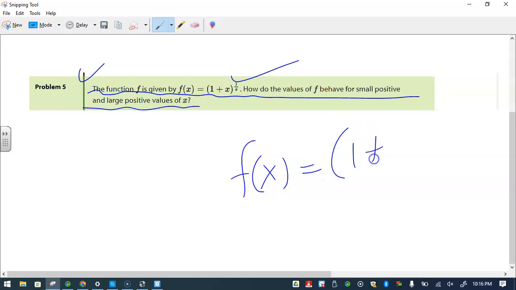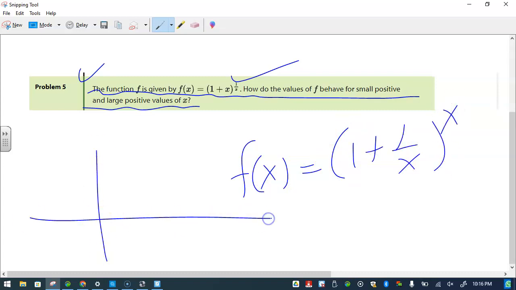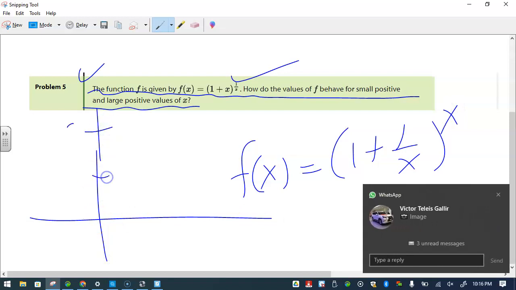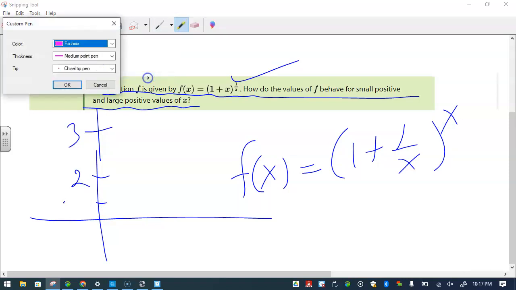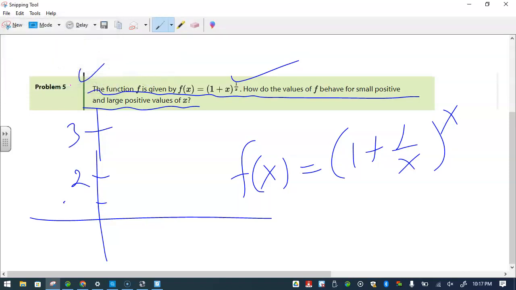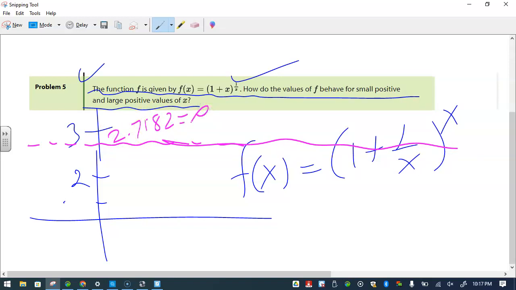If it was 1 plus 1 over x and raised to x, and we see in the graph there, this was 3 and that was 2 and this was 1. So the graph was this graph. There was a line. Remember, there was an asymptote this way, which is 2.7182, that is E.